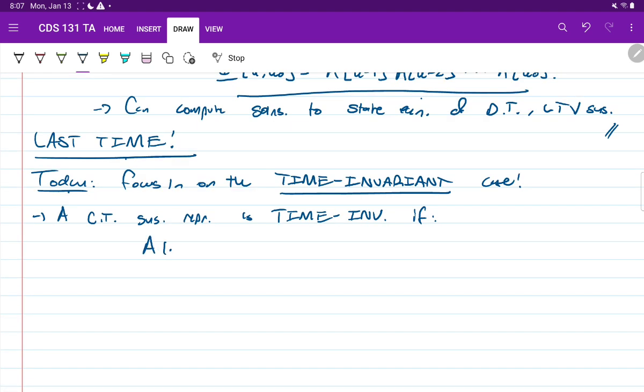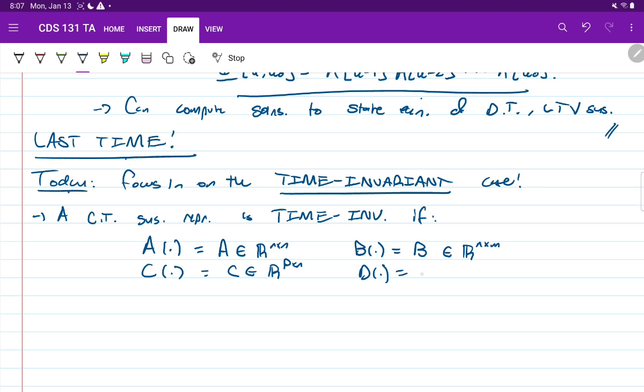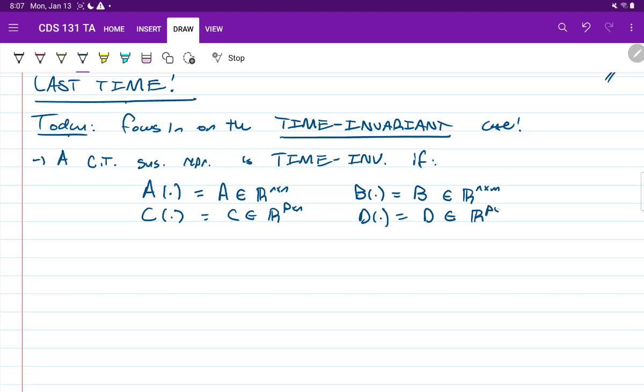So for instance, we have A, which is ordinarily a function of time, is just equal to some constant matrix A in R n by n. B, which is also ordinarily a function of time, is equal to some constant matrix B in R n by m. C equals a constant C in R p by n. And D equals some constant D in R p by m.